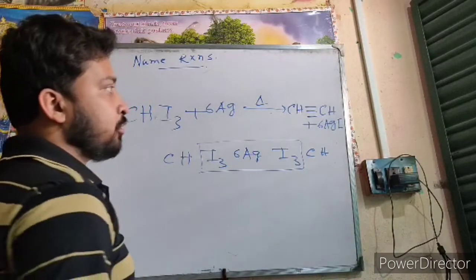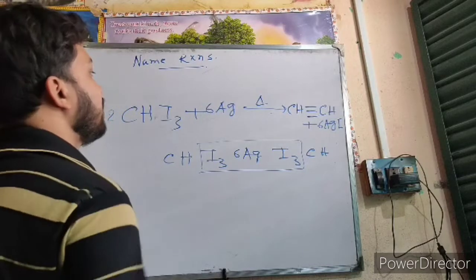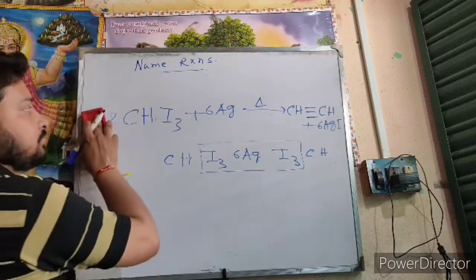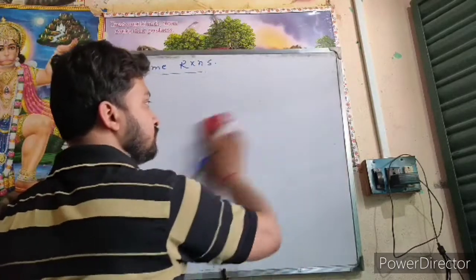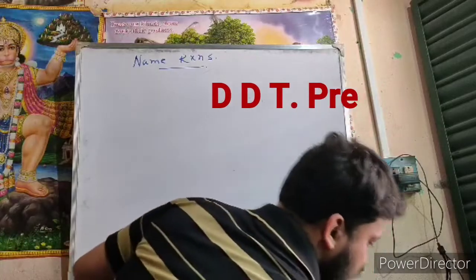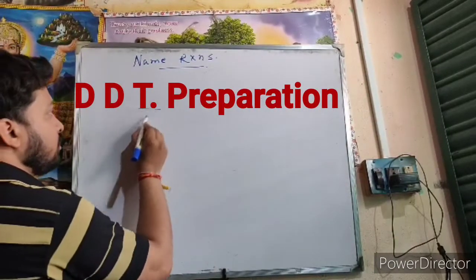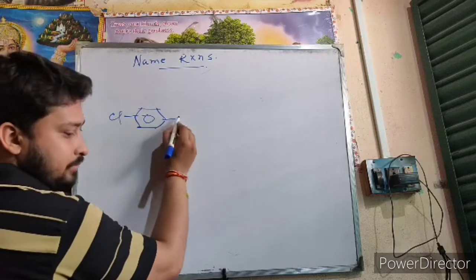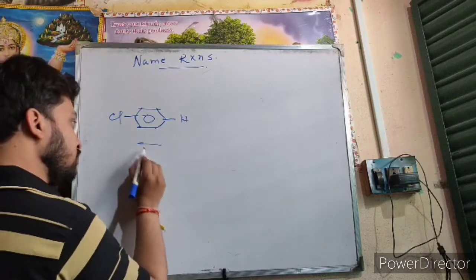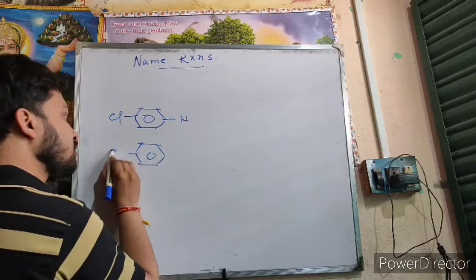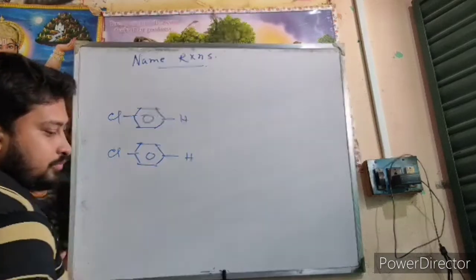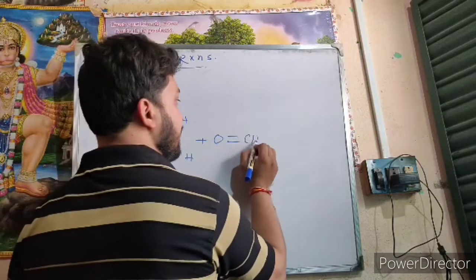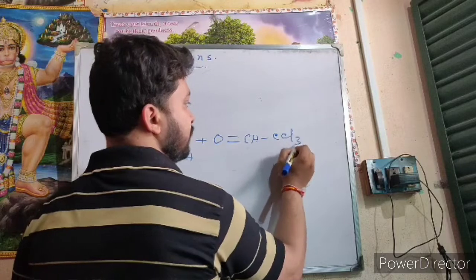Now the next important reaction is DDT preparation. You can write chlorobenzene with Cl and H, then O double bond CH bond CCl3.